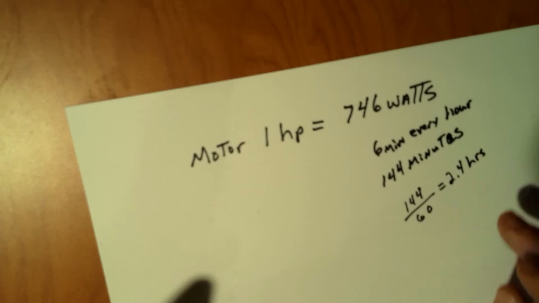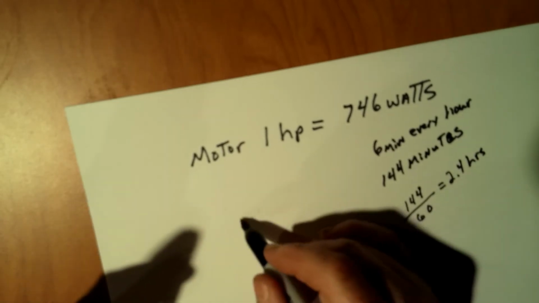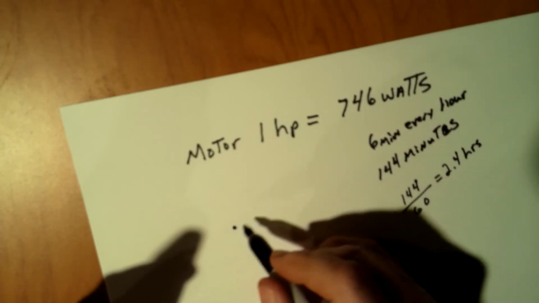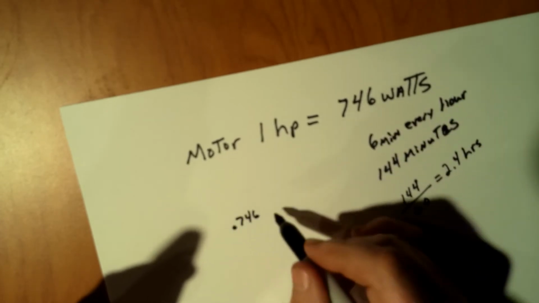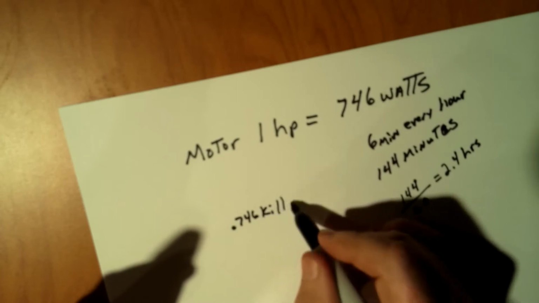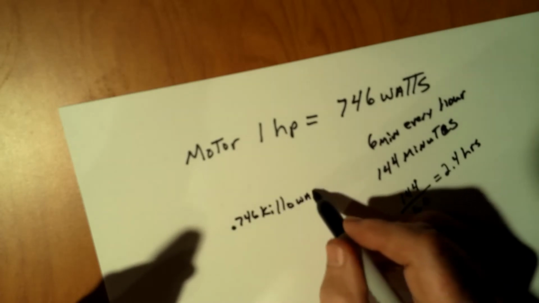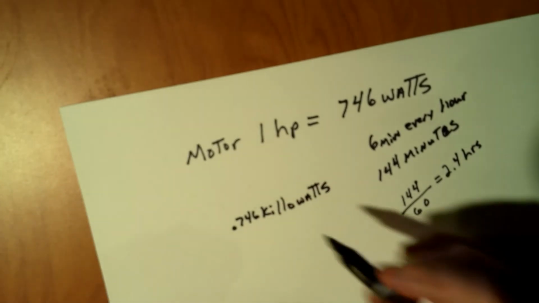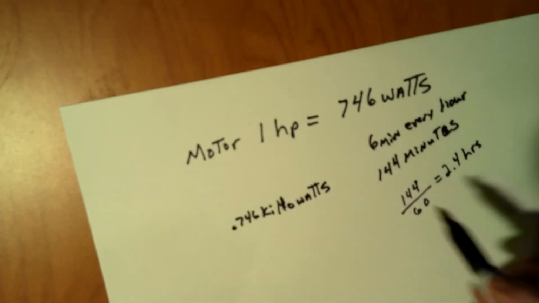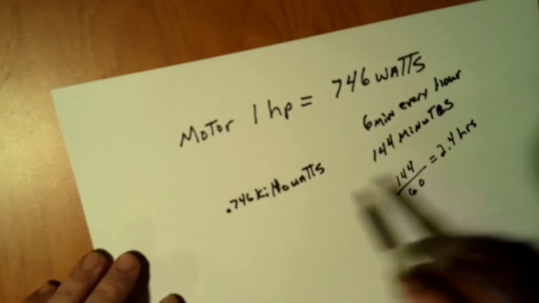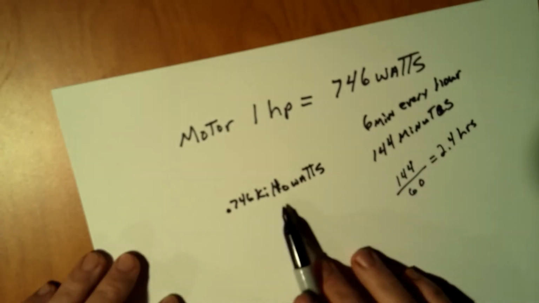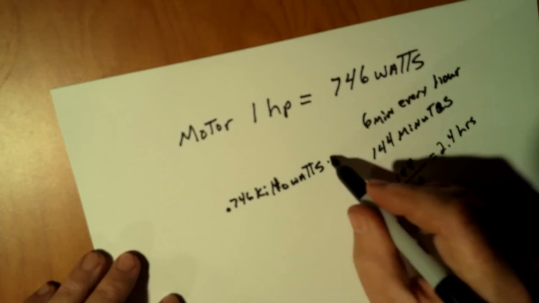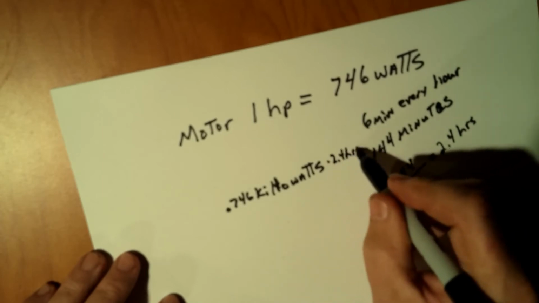Okay? So there's 746 watts, so if you move the decimal point, that's 0.746 kilowatts. There's only one L in kilo, but you get the idea. 0.746 kilowatts, and you're operating it for 2.4 hours.